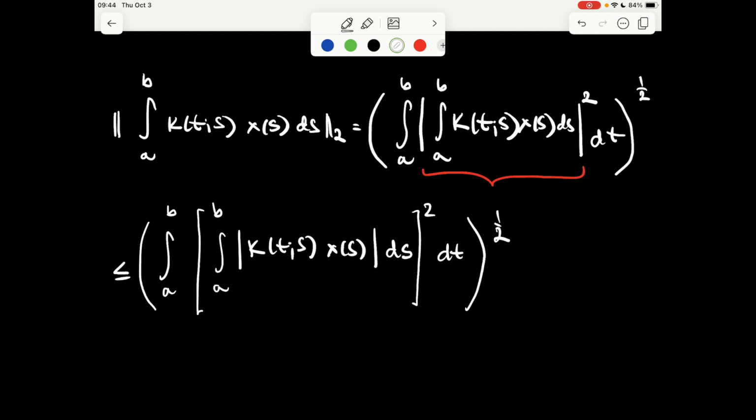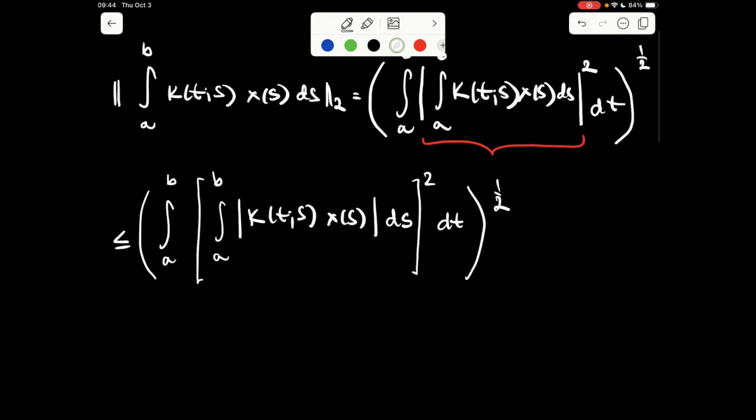This is an important step because here we can realize that at this point we have s as the variable too.